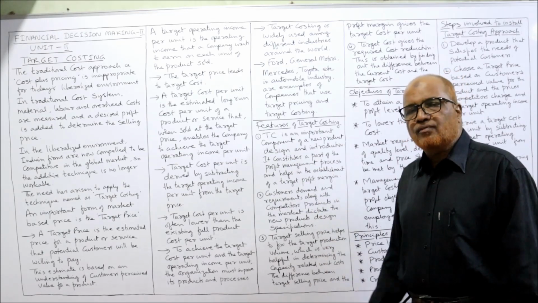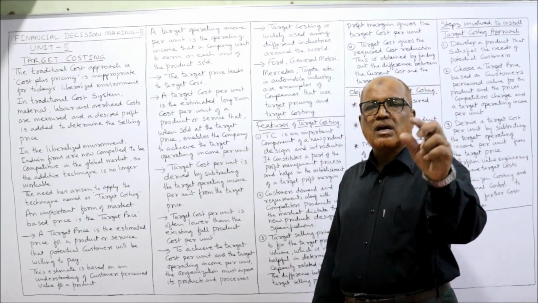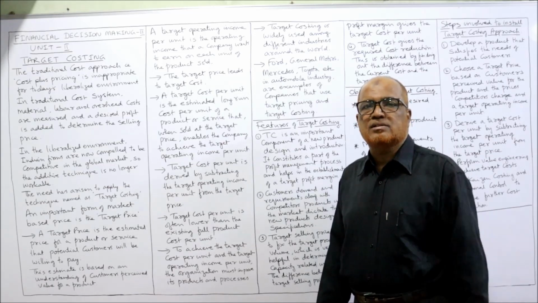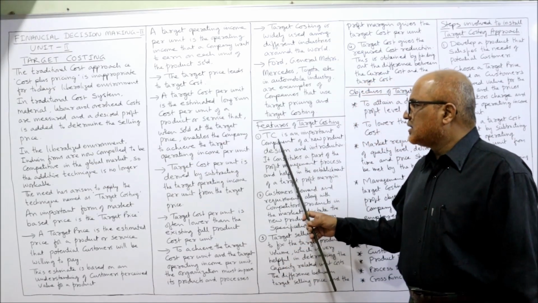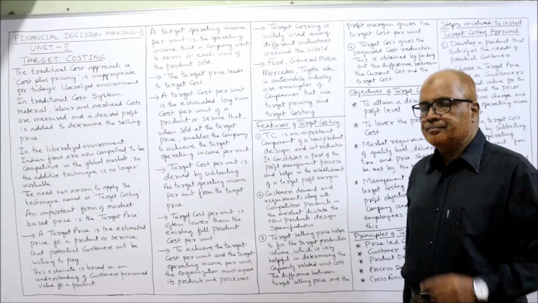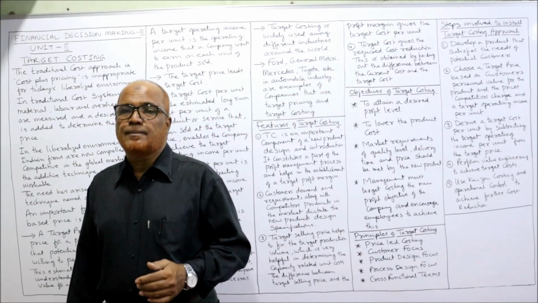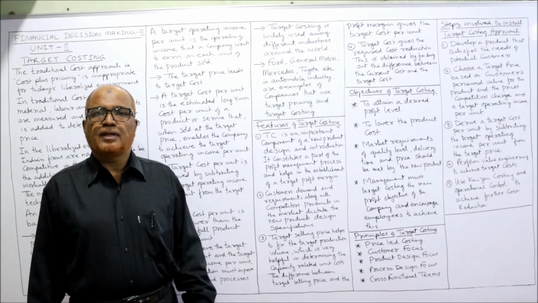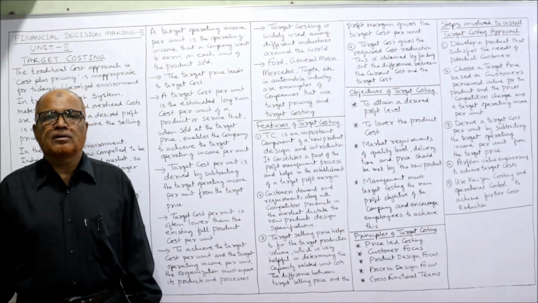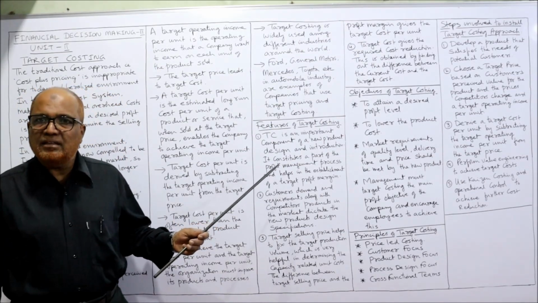Next, features of target costing. In examination, you may get a question: what is target costing? What are the features? The first feature says, target costing is an important component of a new product design and introduction. Whenever a new product is to be designed or introduced, target costing will be very helpful because it will help in designing the product.